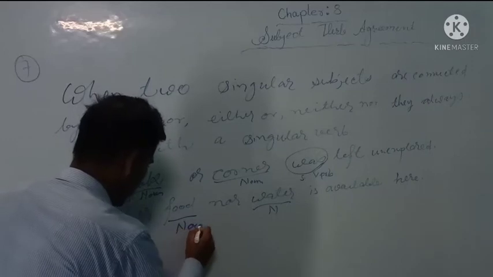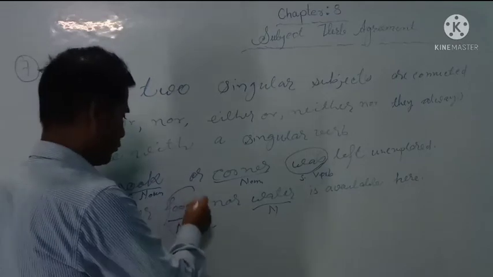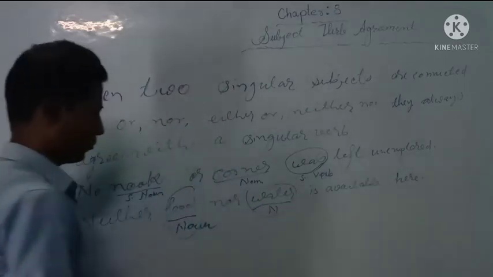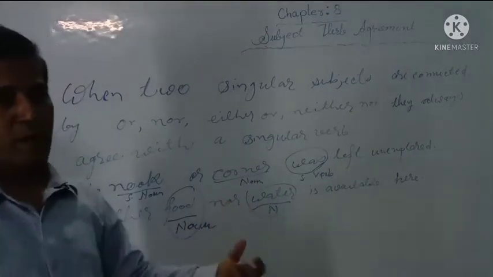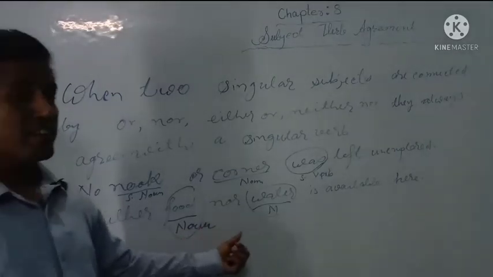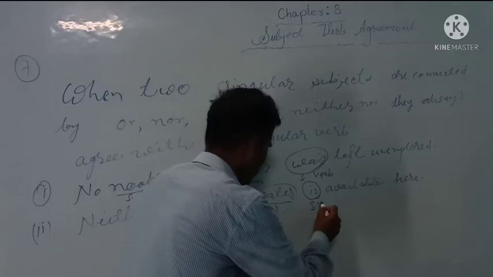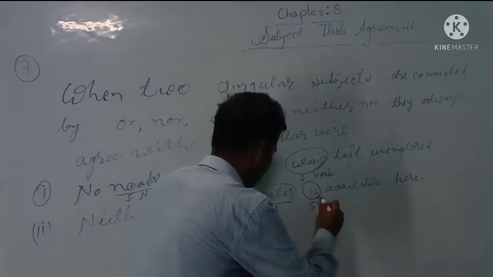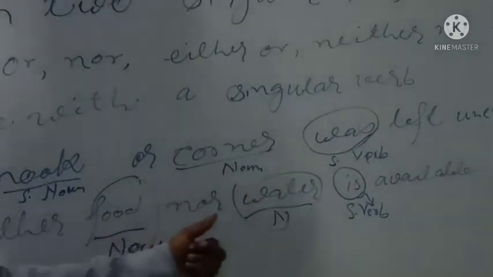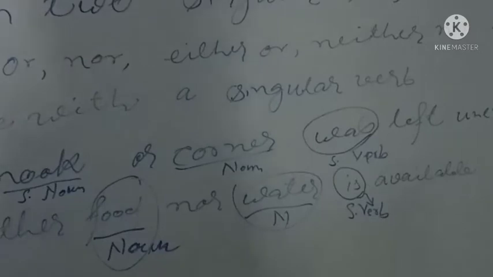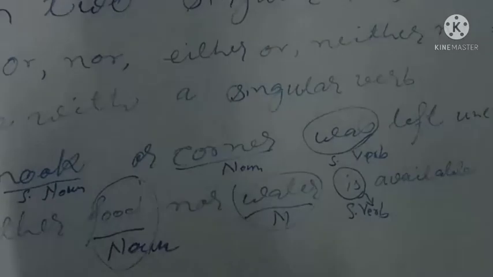These two nouns, food and water, are connected by neither nor, and since they are connected by neither nor, they agree with a singular verb, that is is. That is why neither food nor water is available here. We say is available here. So it's a very simple rule.